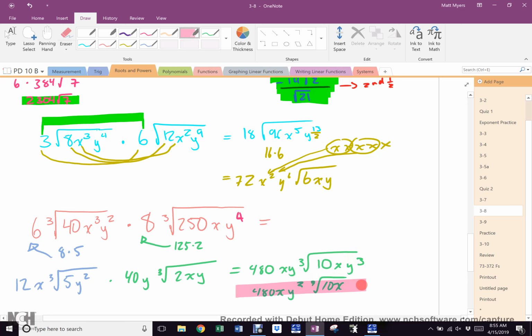And that is about the hardest multiplication question I can really give you. 480xy squared cube root 10x. Is everybody cool with multiplying?